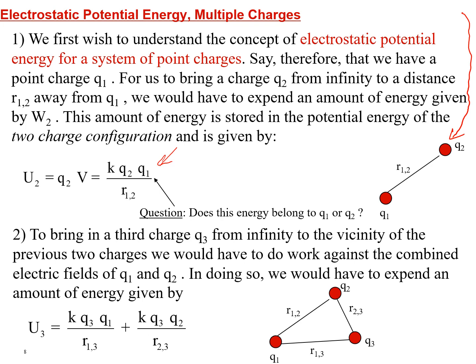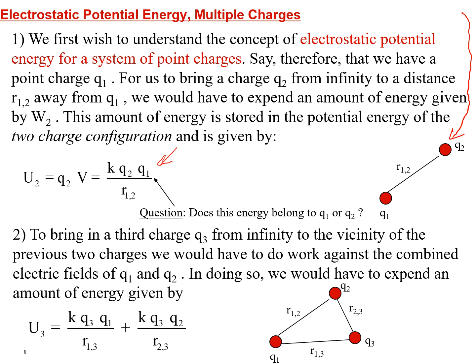Now notice that U2 is the energy of this charge configuration. Namely, it is not the energy associated with any one charge, nor the energy associated with the other charge, but rather it is the energy associated with bringing these two charges in juxtaposition with each other.